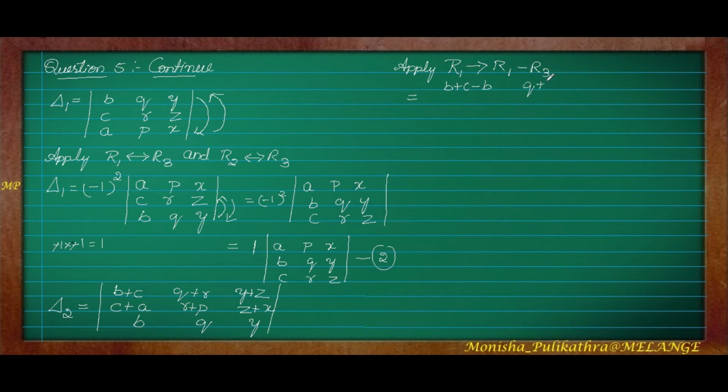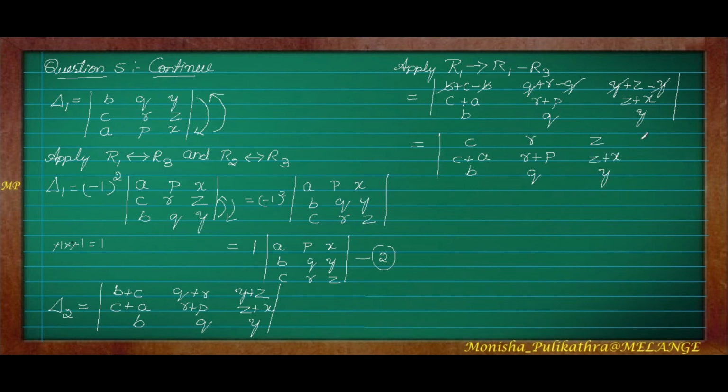So here Q plus R minus Q and Y plus Z minus Y. Second row we have to write as it is, C plus A, R plus P, and Z plus X. And this last row also we write as it is, B, Q, Y. Okay, so now plus B minus B, plus Q minus Q, plus Y minus Y cancel each other. Remaining will be C, C plus A, B, R, R plus P, Q, and Z, Z plus X, and Y.